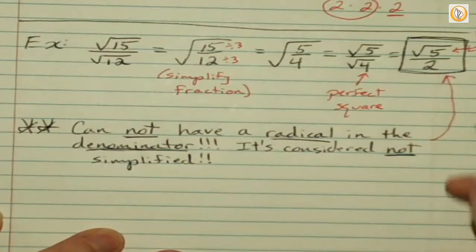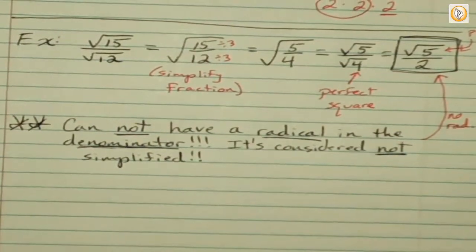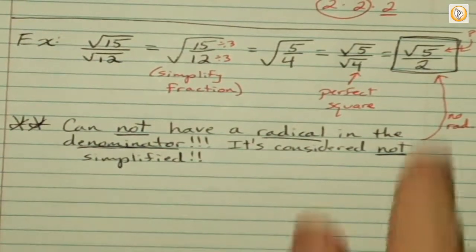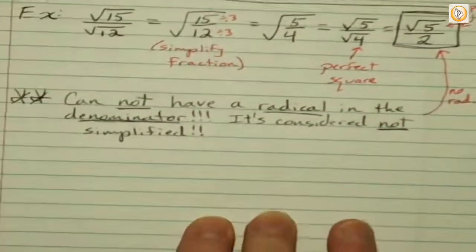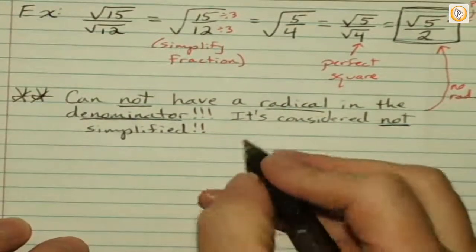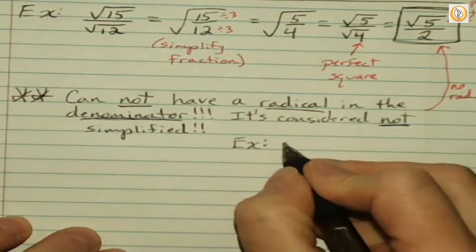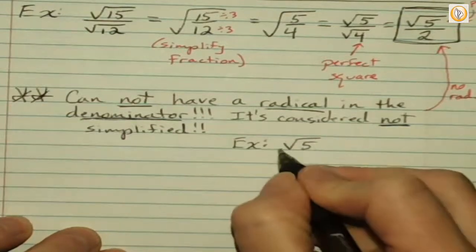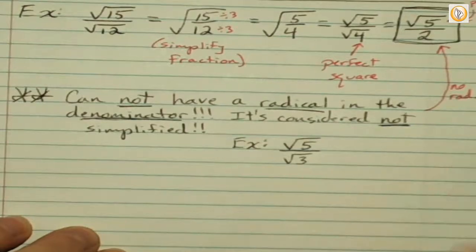Do y'all see that? So then it's okay. I'm going to put no rad. I run out of space. So it's okay. But what if I had, as just a little example right here, and you will write it down, the square root of 5 over the square root of 3?